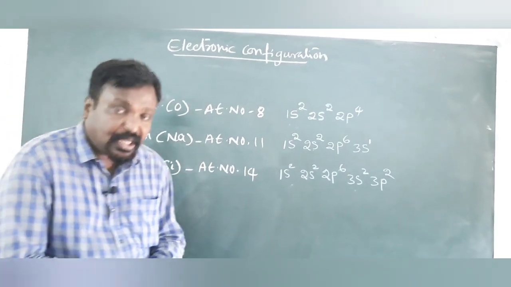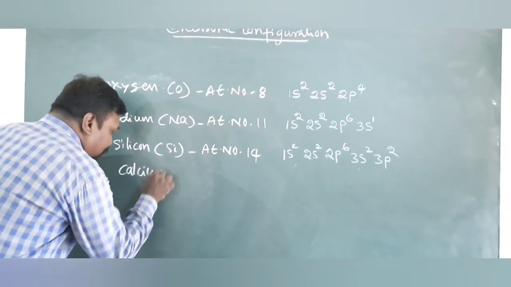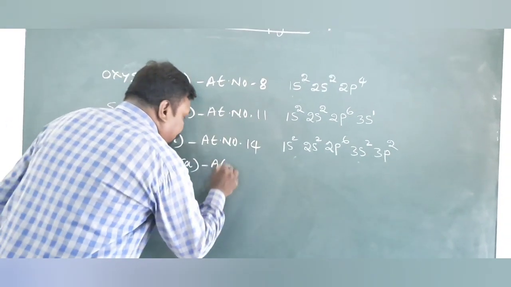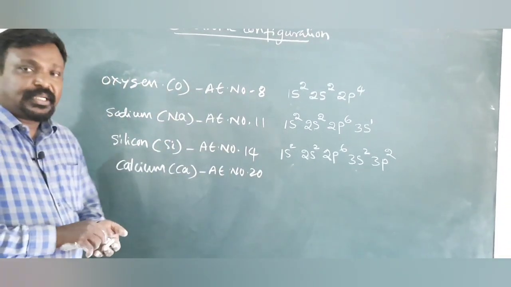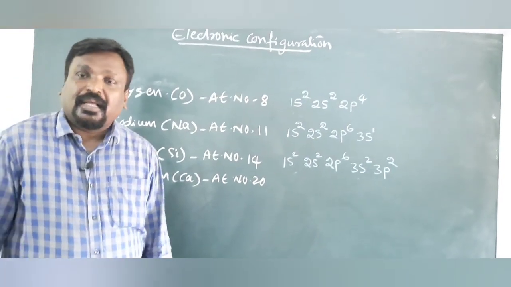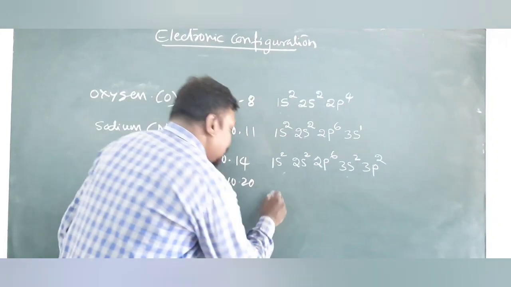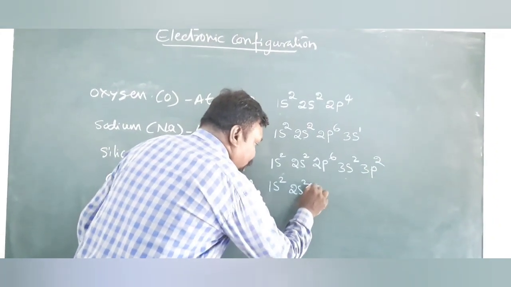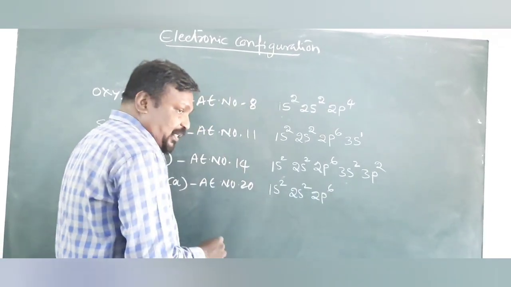Let me take one more example, that is calcium, Ca. The atomic number of calcium is 20. Now I have to write the electronic configuration for this one. As usual, it is 1s2, 2s2. The next electrons go to 2p6.